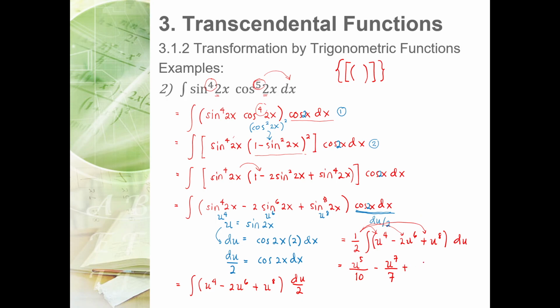And then plus u to the power of 8 all over 16 plus c. Actually, this will be 9. So u to the power of 9, then 9 times 2 is 18.